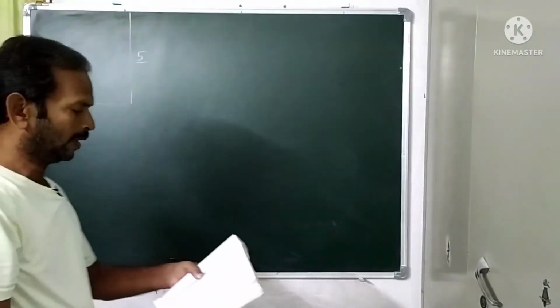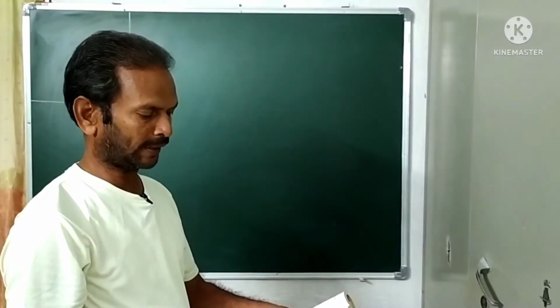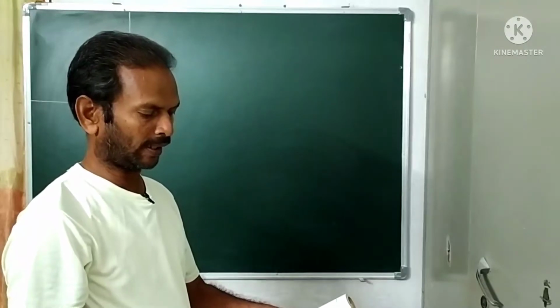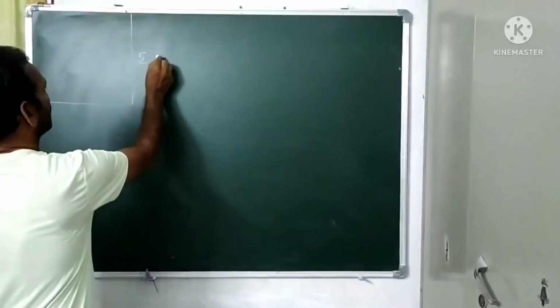Same, fifth problem. The first term of the AP is 5 and the last term is 45 and the sum is 400. Find the number of terms and the common difference. What is given for us?